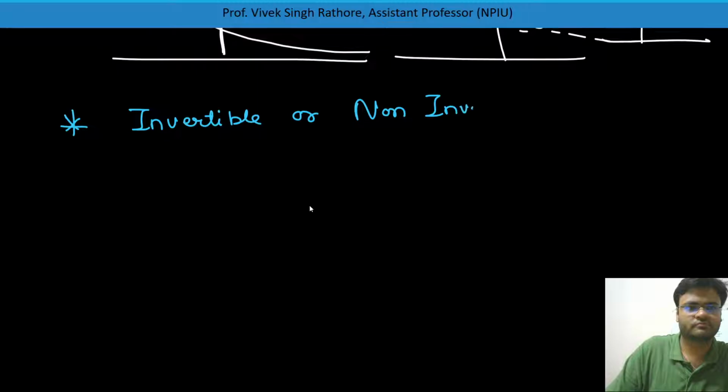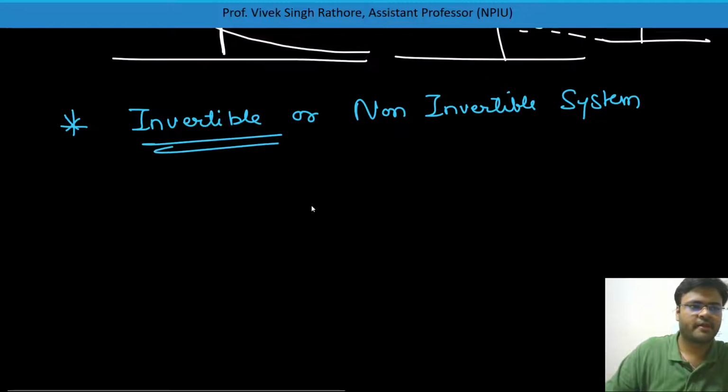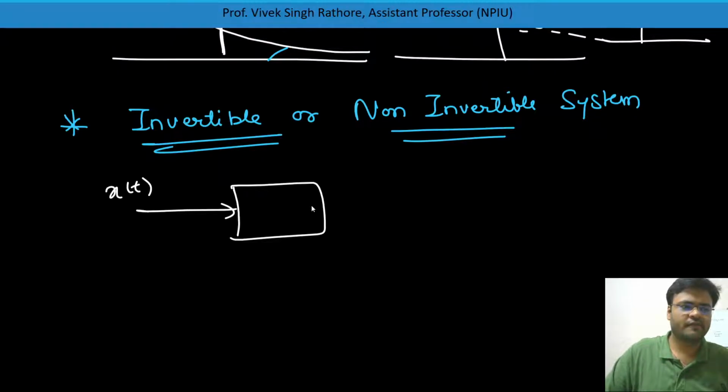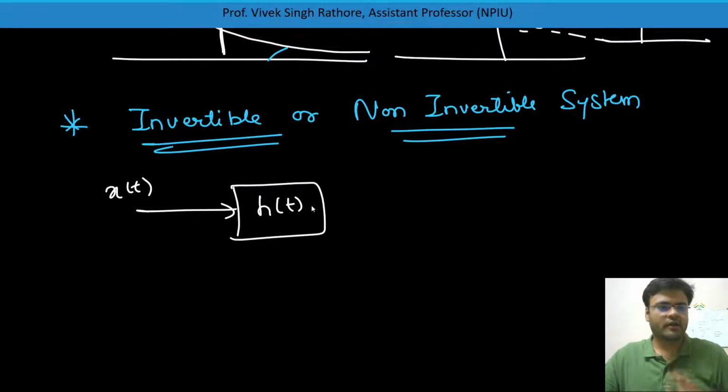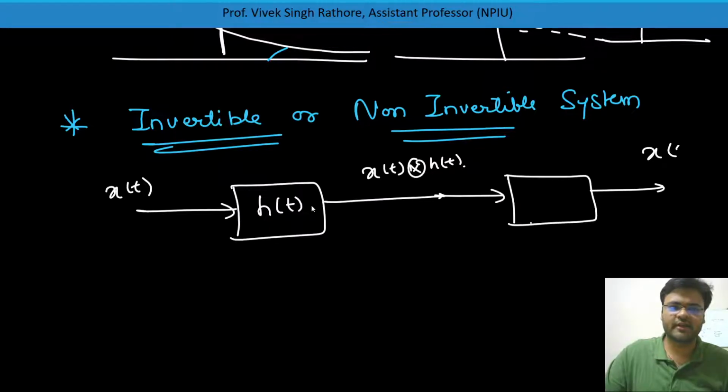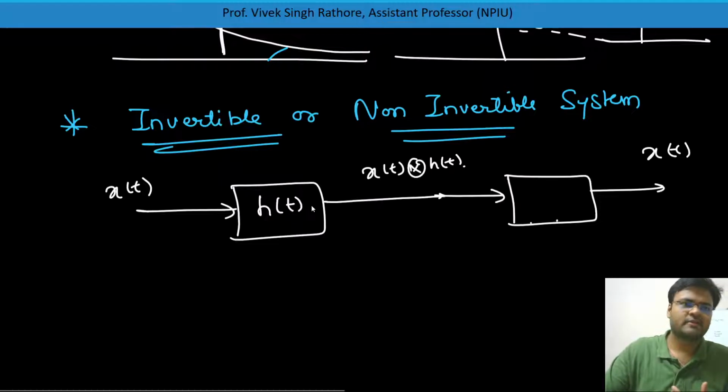Earlier we saw that x of t was given to a system, and the output was x of t convolved with h of t. If we get output as x of t again, then this system was called an inverse system, and this system was called an invertible system. So this we have seen earlier.